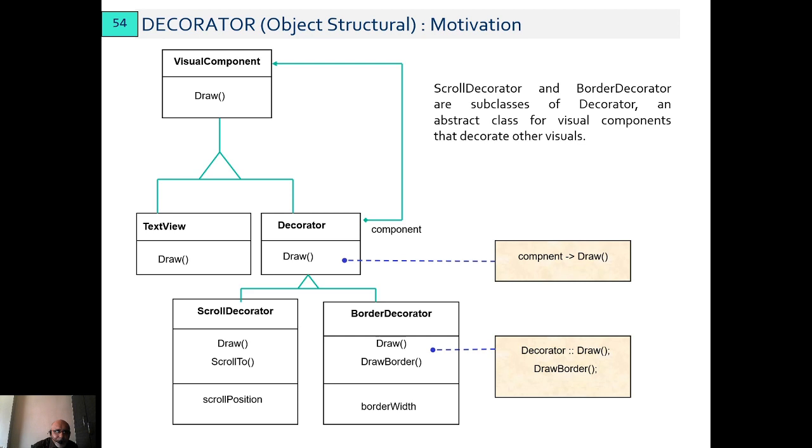So a visual component takes up the text view or the decorator view. The decorator view now adds up the responsibility. Just see to it that scroll decorator and border decorator have additional functionality from draw. Scroll to and draw border are separate responsibilities which are dynamically added.